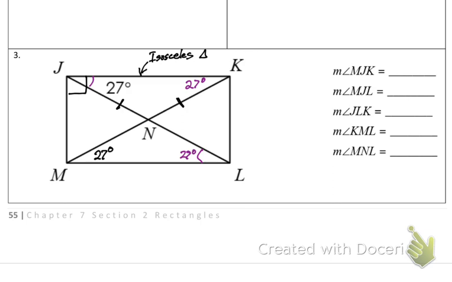To find a missing one, any one of these, I'm just going to go 90 minus 27, which is going to be 63 degrees. Then I can label all the rest of them 63, because we can use alternate interior angles and isosceles triangles to get the rest of them.